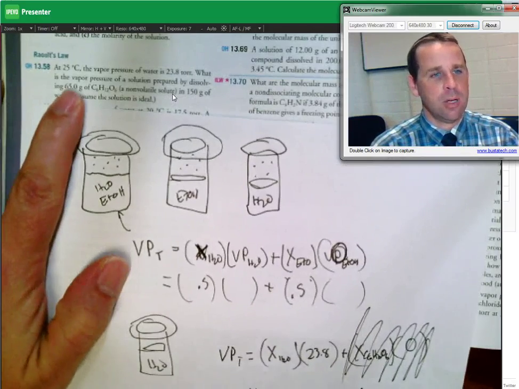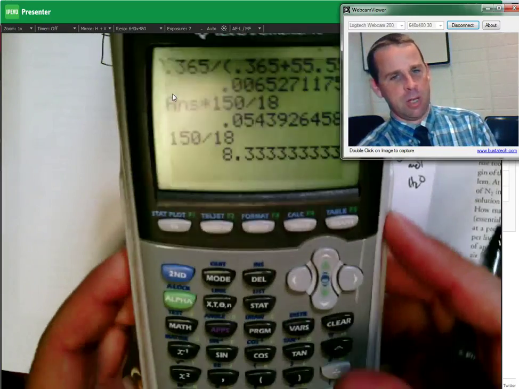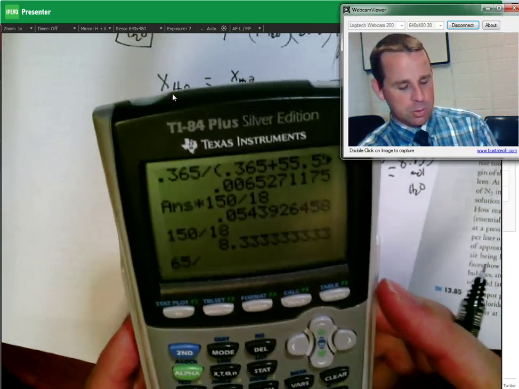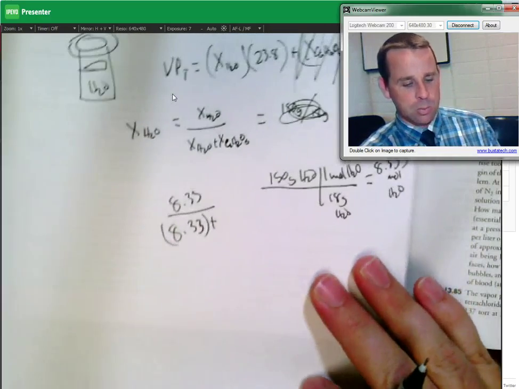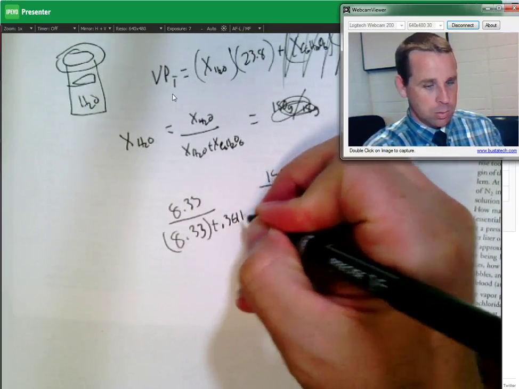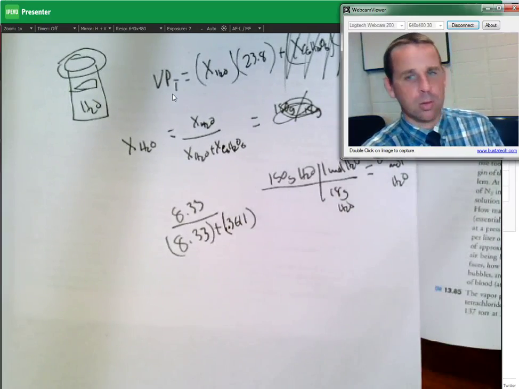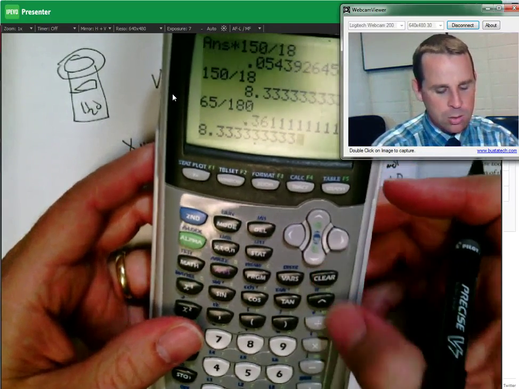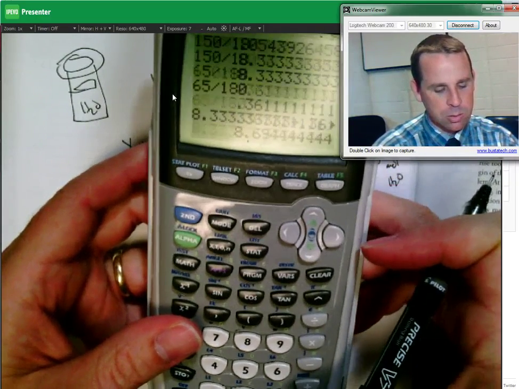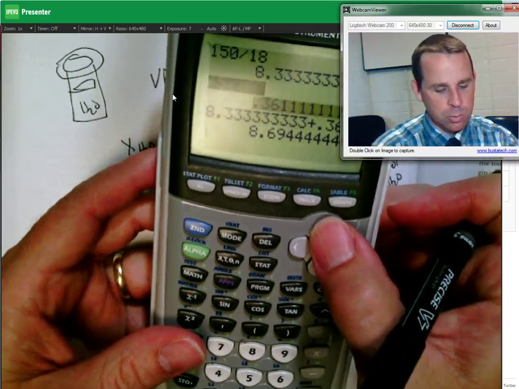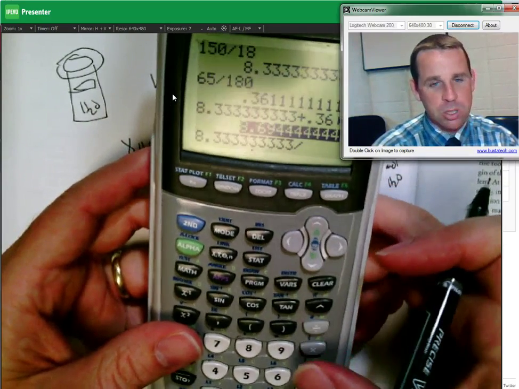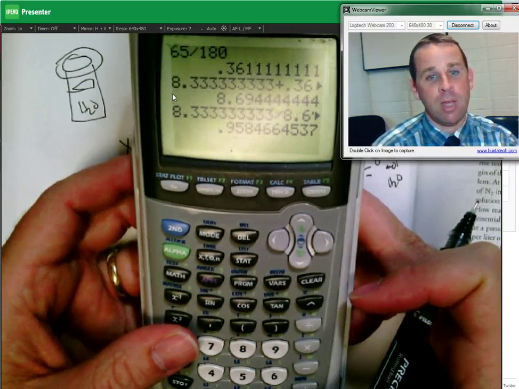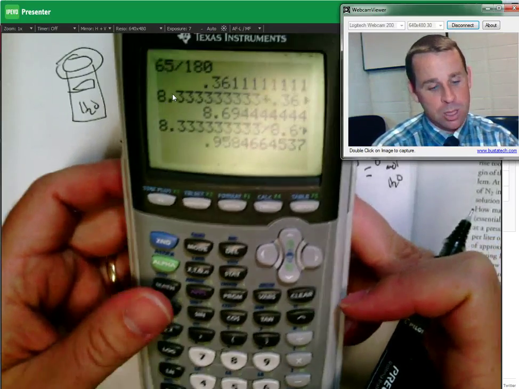If I take 65 grams and divide by the molar mass of glucose, which is 180, that gives me 0.3611 moles of glucose. So I take moles of water divided by moles of water plus moles of glucose, the moles total, and I get 0.958. So that is the mole fraction, 0.958.